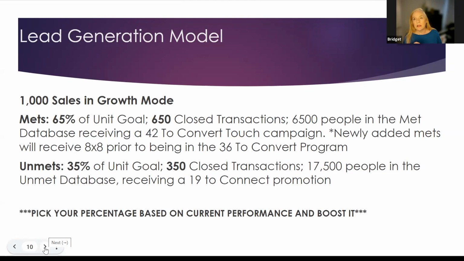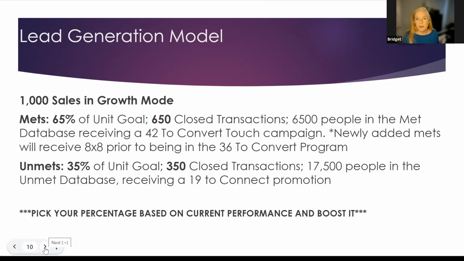And then there's a little side note, newly added METs, as we talked about previously. Those are people that you just met, but they're a lead. They're going to receive an 8x8 prior to being in the 42 to convert program. Old habits die hard. Now, one other little nuance on that.